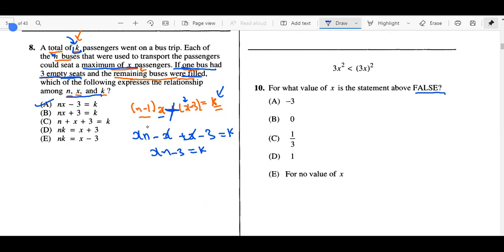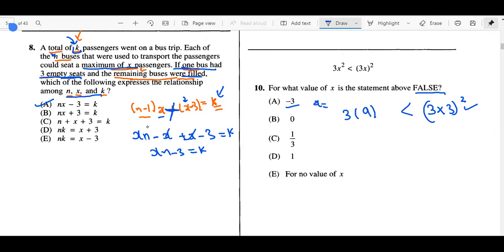So if we use the A option, that is -3, I know that this is going to be 3 into 9, and this is going to be 3 into 3 and then square, right? So obviously this side would be greater. So this is correct. This would be true for x equals -3.